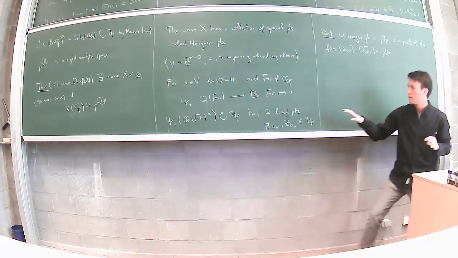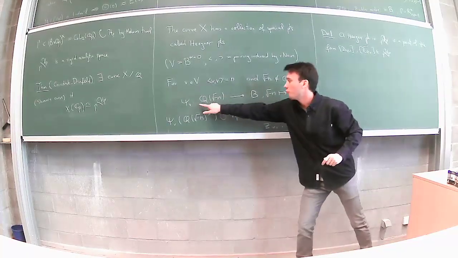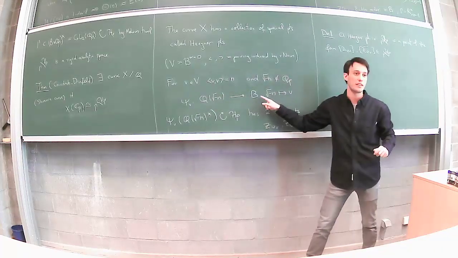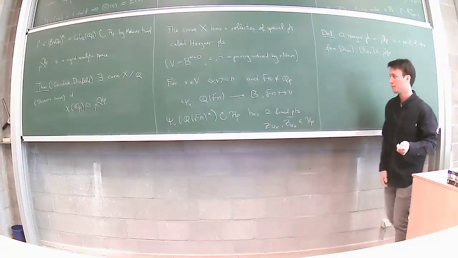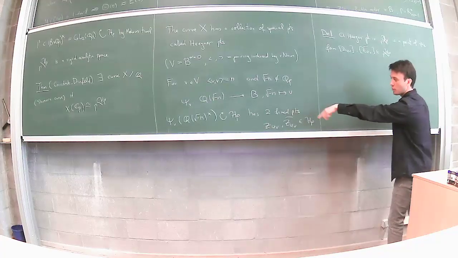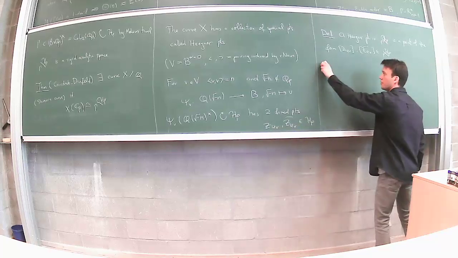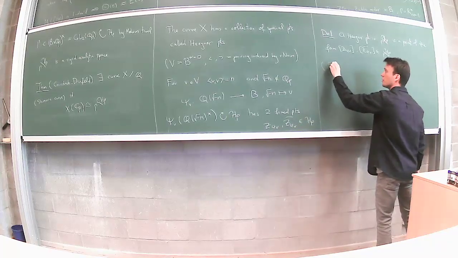So for every vector v, we got this embedding of Q(square root of minus n) inside B, and we took fixed points. And you can see that for fixed points by Moebius transformation, it kind of makes sense that there are 2, because finding fixed points is solving this equation.